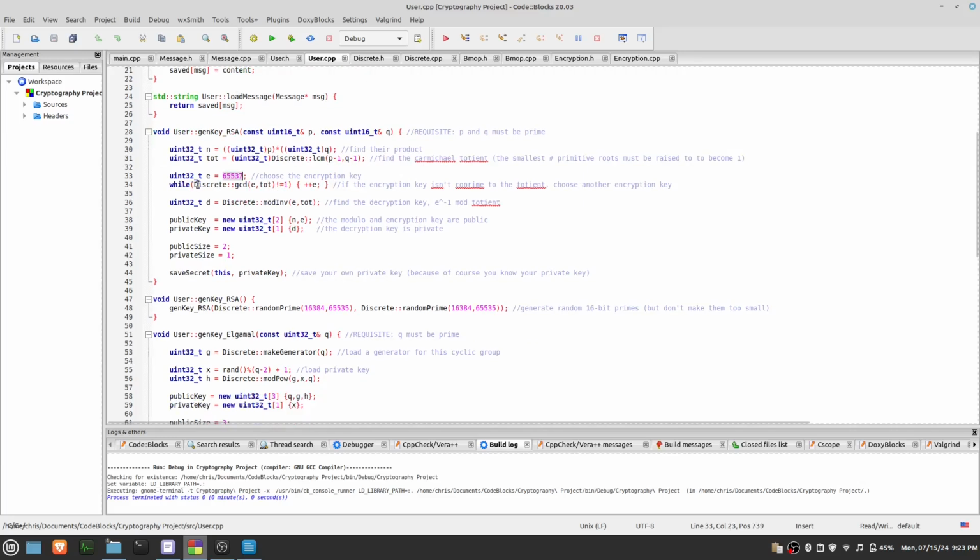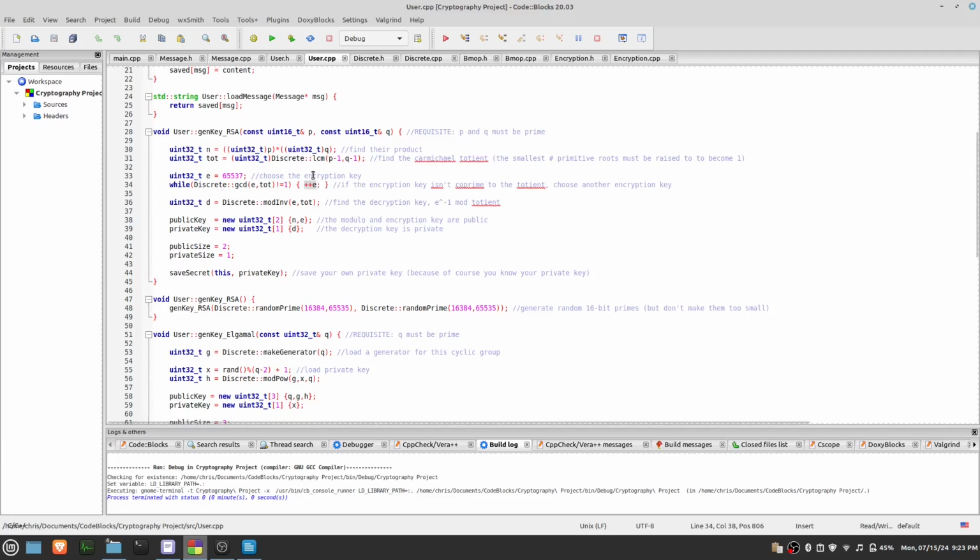For the exponent, by default in most real-life operations, it's usually 65537. But if for some reason it's not co-prime with the totient, then you pick another one. In this case, I just increment it until it's not co-prime with the totient anymore.